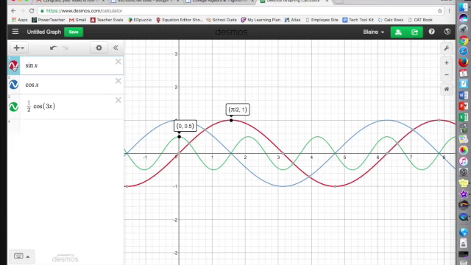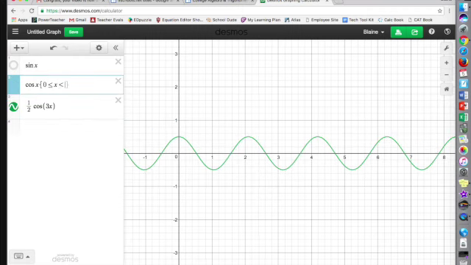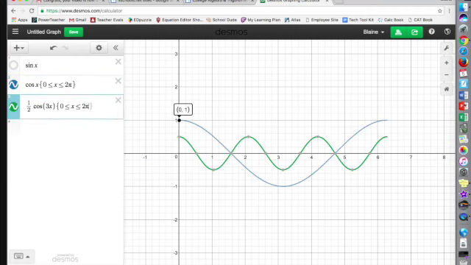So I'm going to take out the red curve. Hopefully you can see that the max value was decreased by 1/2, so it was a vertical shrink, and the 3x causes this graph to oscillate 3 times as fast as it did in one period. So if we just look at this domain, you can see here that in the blue there was one oscillation.